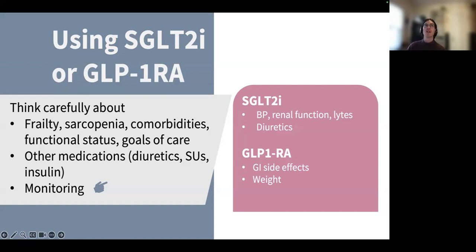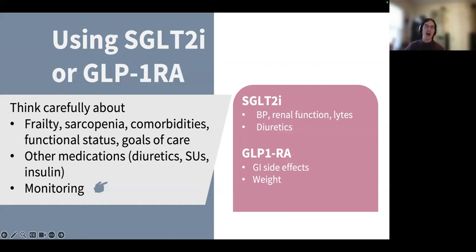When we think about volume depletion with SGLT2 inhibitors, things like diuretics can also be a concern. And then even while SGLT2 inhibitors have low risk of hypoglycemia in the trials, if people are on sulfonylureas or insulin, there is a potential for increased risk of hypoglycemia.